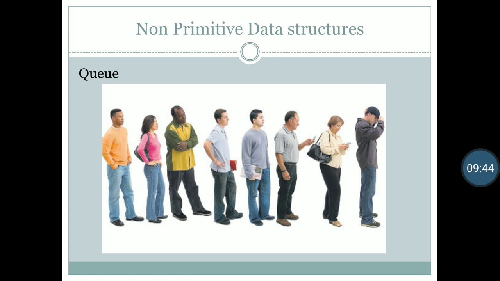So in a queue there is a condition: first come, first served. Means if any person arrived first, the ticket will be given to him first. If any person came last, the ticket will be given to him last.